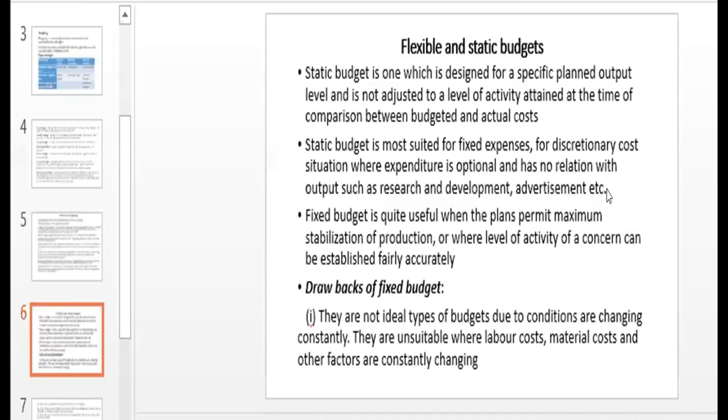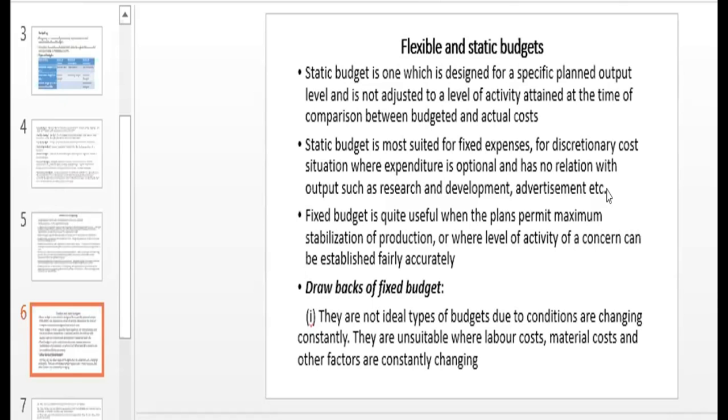Fixed budgets are quite useful when the plans permit maximum stabilization of production, or where the level of activity of a concern can be established fairly accurately. So most of these budgets rely on expenditures that are more stable. Those that cannot easily change with changes in the economic environment.